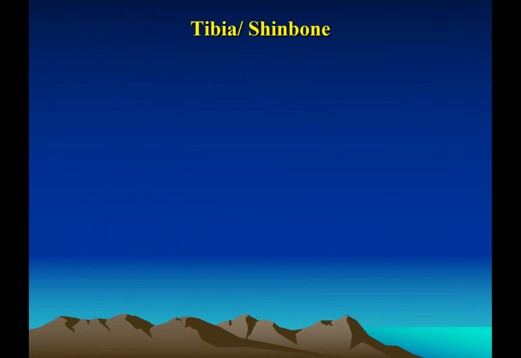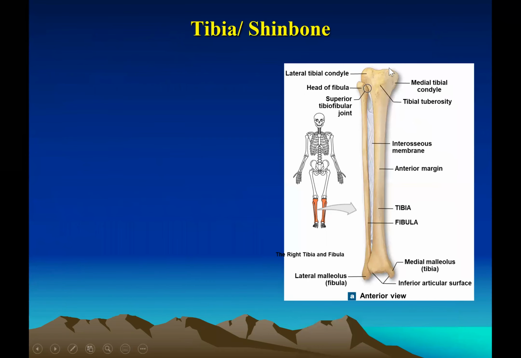So the main bone markings of your tibia, this is also going to support your body. So it's larger and it's going to be bulkier compared to the fibula. So at the proximal epiphysis region, you can see the medial and lateral tibial condyles, which is separated by the intercondylar eminence.